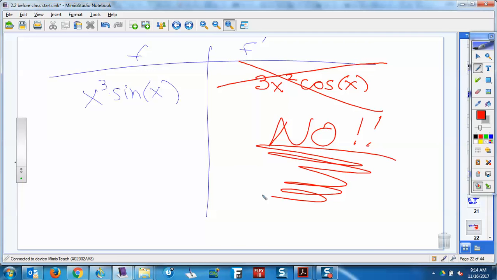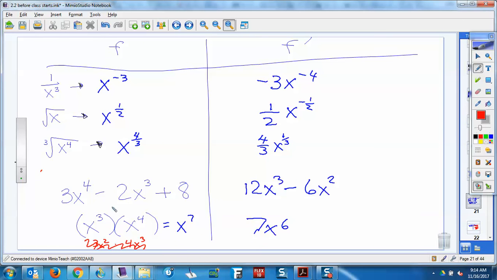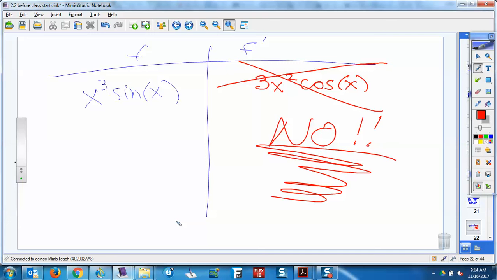Okay, because of what we saw on the last page, we can't do that. If you've got two things multiplied together, you can't do their individual derivatives and multiply those together. It doesn't work. Okay? So, stay tuned to chapter 3, and we will figure out how to do that.